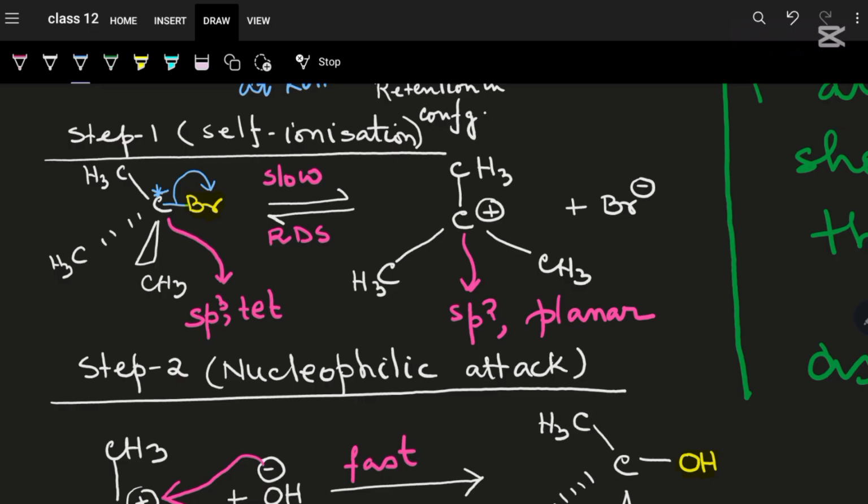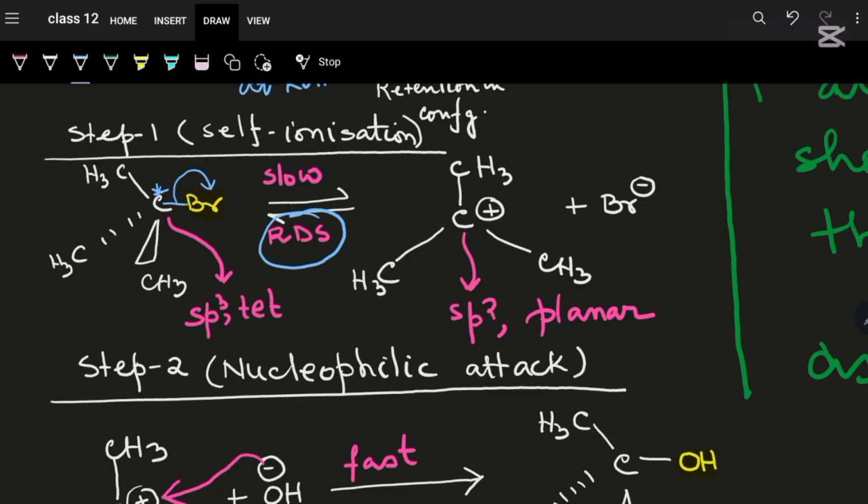So this is the slowest step and this is the rate determining step. In this step there is carbocation formation, and in the carbocation the carbon is sp2 hybridized with a planar structure. So the stability of the carbocation will actually affect the rate of the reaction.